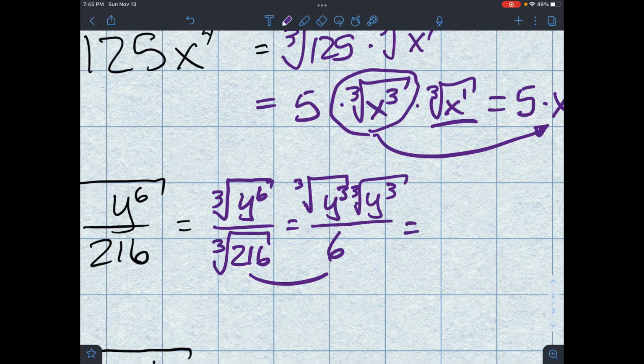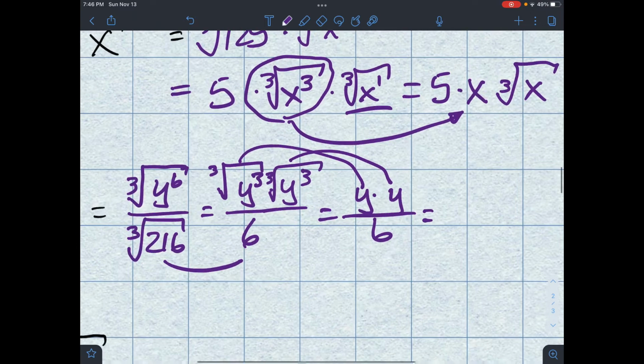All right. And now you will get a y and another y. So there's one y, there's the other y, over 6. So we end up with y squared over 6.